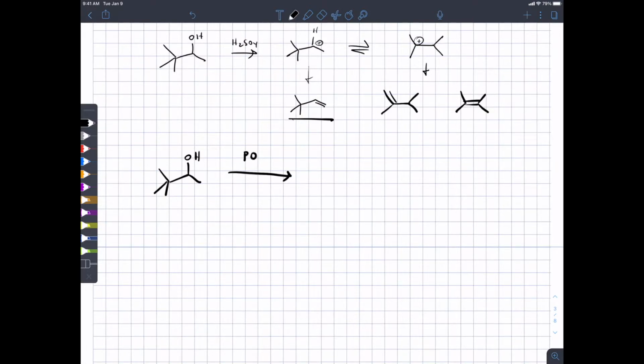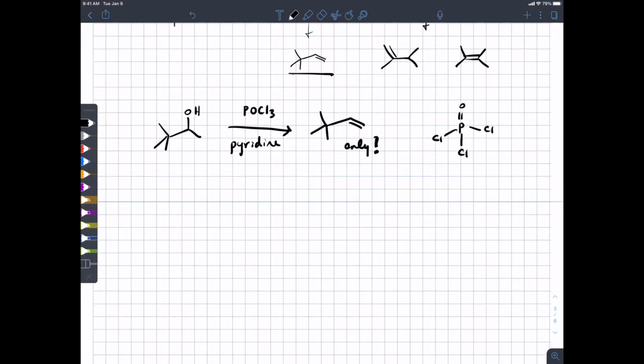This involves POCl3, which is phosphorus with 3 Cl groups on it. It looks a lot like PBr3, only the phosphorus is more oxidized and more electron poor. You also need a base, pyridine, and the product is only the desired alkene and no rearranged products.